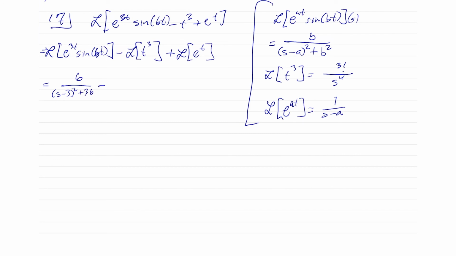Then minus 3 factorial over s to the 4, and then plus 1 over s minus 1, and we're done. That's all the problems in that little chunk. Just keep referring back to the table, and you're done.